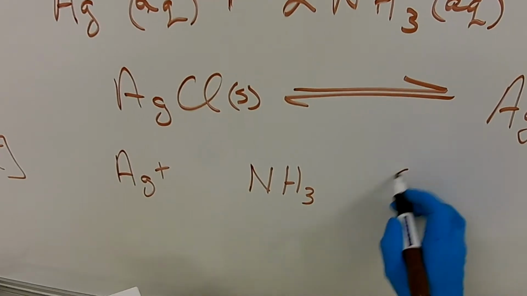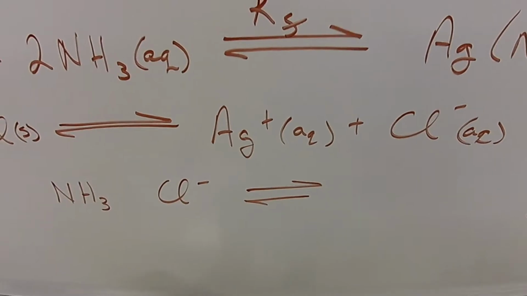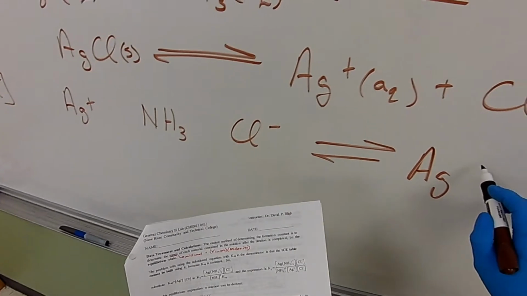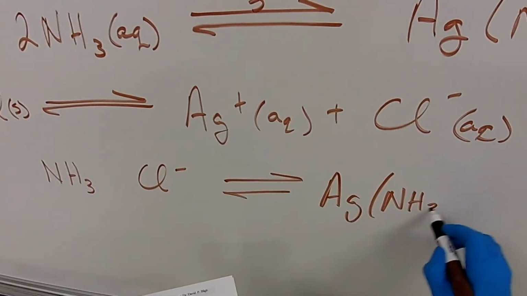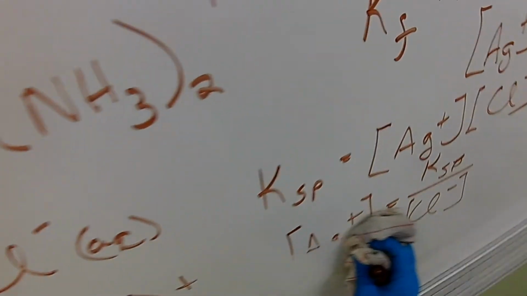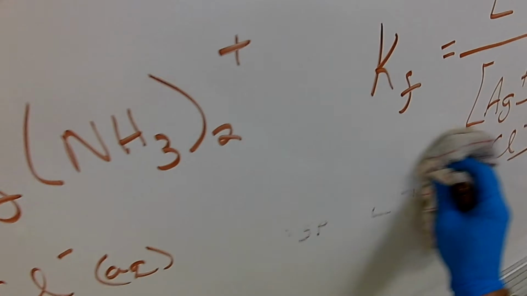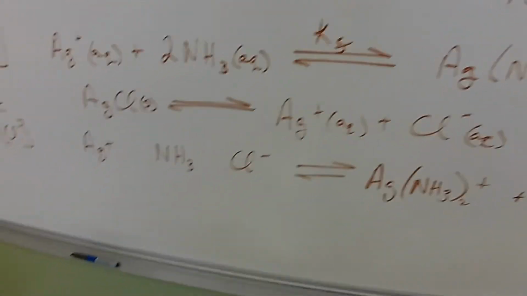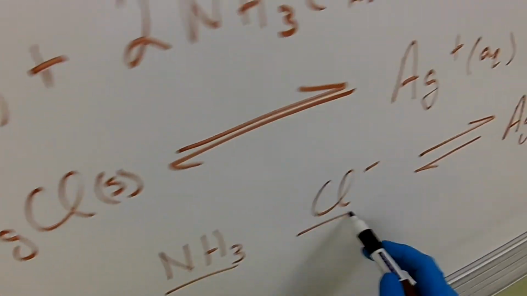And then we would have chloride on this side of the equation. Right? And then on the other side, we would have the complex ion. And sorry, I'm going to have to erase this. Plus chloride ion. Now when we build our ICE table, we have concentrations for each one at various steps.